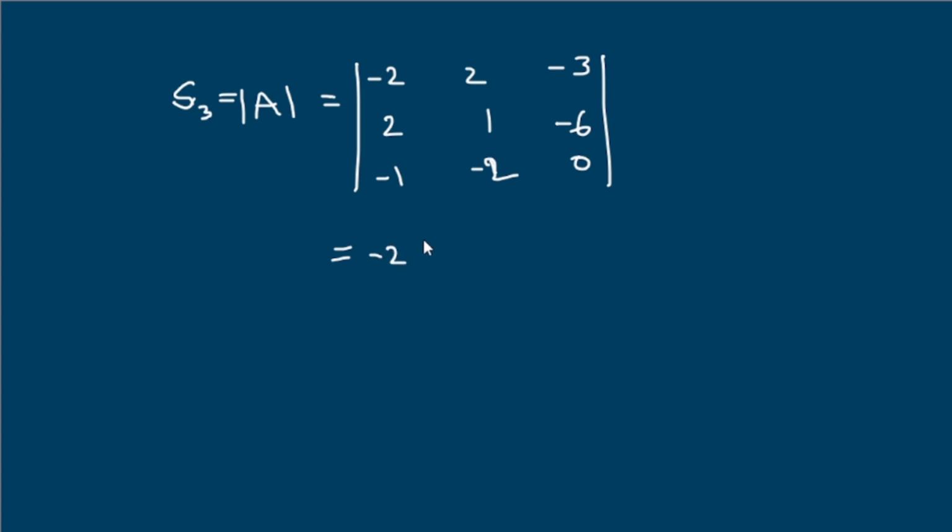Now this is minus 2 into 0 minus 12, minus 2 into the determinant of 2, minus 6, minus 1, 0, which is 0 minus 6, minus 3 into minus 4 plus 1.